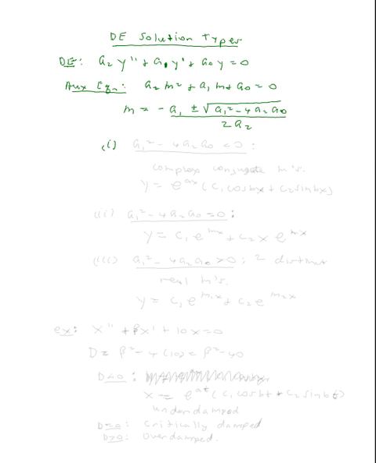Say case 1. Suppose the discriminant, a1 squared minus 4a2 times a sub 0, is less than 0. Then, since the square root of a negative number is a non-real number, and we get one solution using the plus and one solution using the minus, we see that our m's will be complex conjugates.